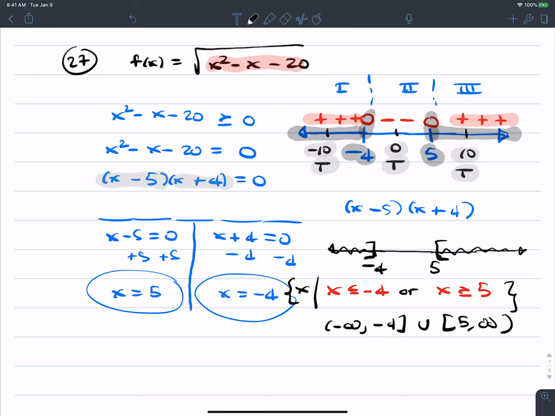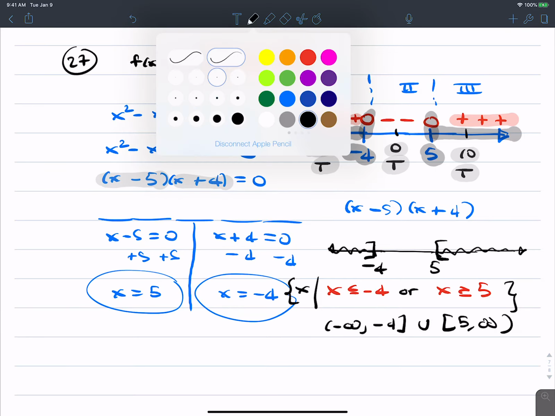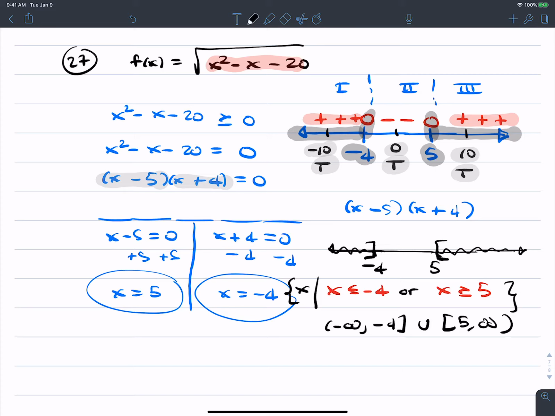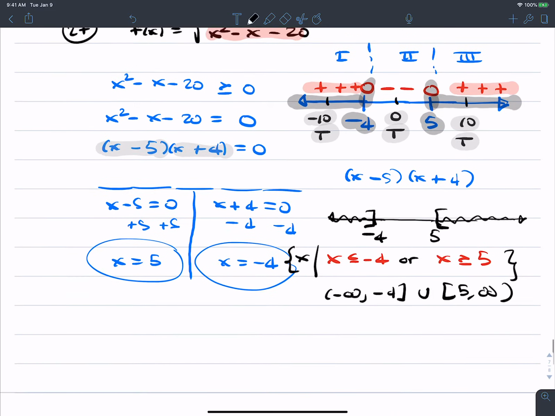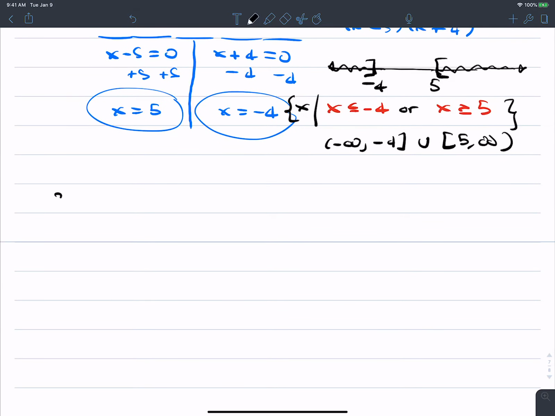Now these are all domains of very special functions. These are the ones we really want to consider. These are the ones that will have some work to do. So we go down to 29 here. Number 29, our function is the square root of 2x squared minus 7x minus 15.